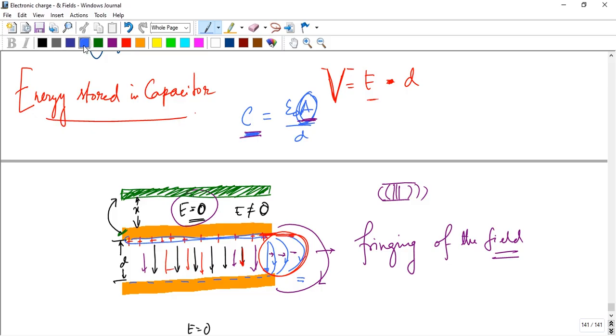Here the very important thing is that the charge is plus q here and minus q here in absolute value, and here sigma is greater than 0, here sigma is less than 0.